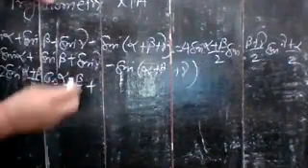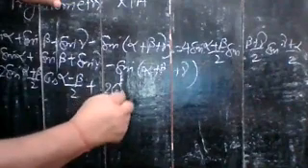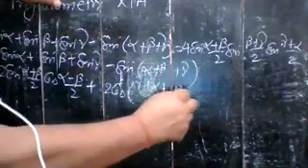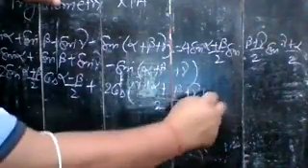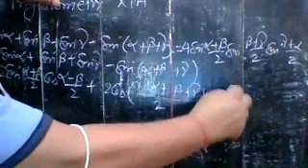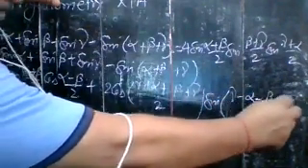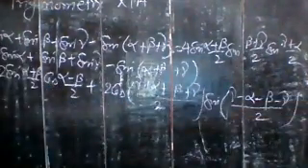In the same way, if you apply it here, you have 2 cos of gamma plus alpha plus beta plus gamma, whole divided by 2, into sine of gamma minus alpha minus beta minus gamma, whole divided by 2.